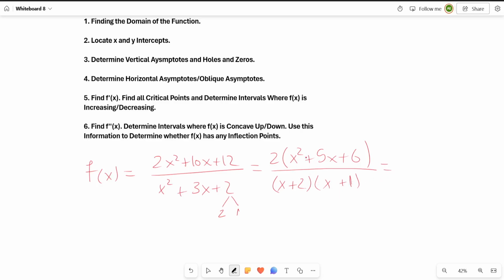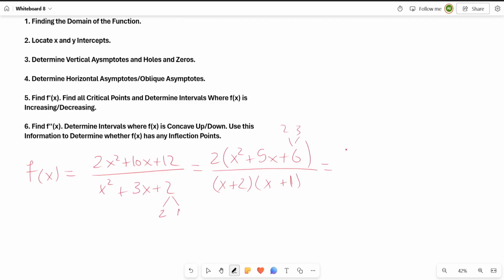Again, let's do the same thing, but for the numerator. Again, this is positive, 2 factors of 6 that add up to 5. I know that they are 2 and 3. So this is going to be written as 2 into, let's open 2 brackets, x and x, 2 and 3. Again, this is plus, so both of them will copy whatever the middle sign is.